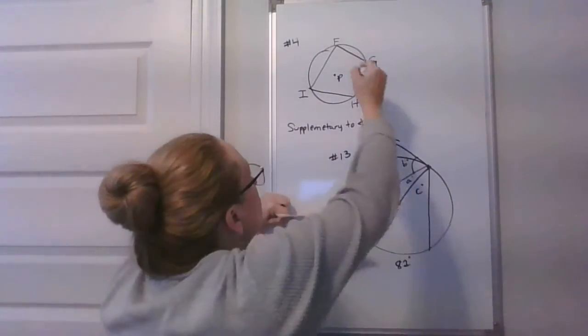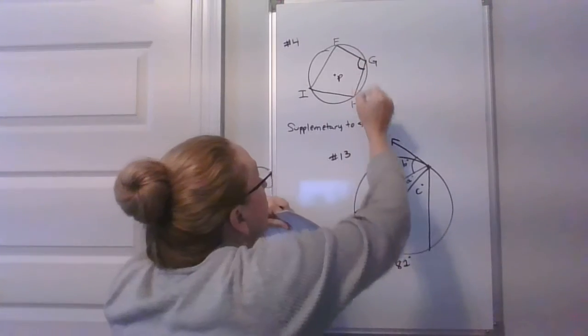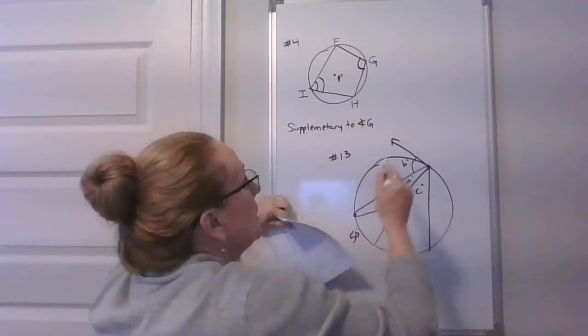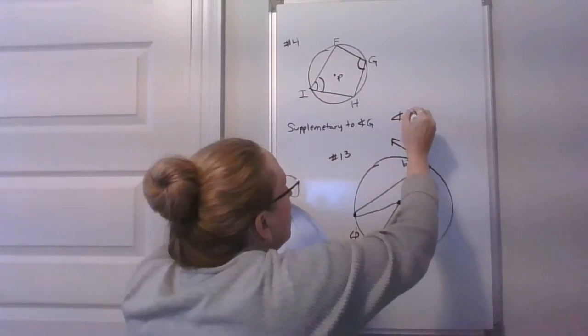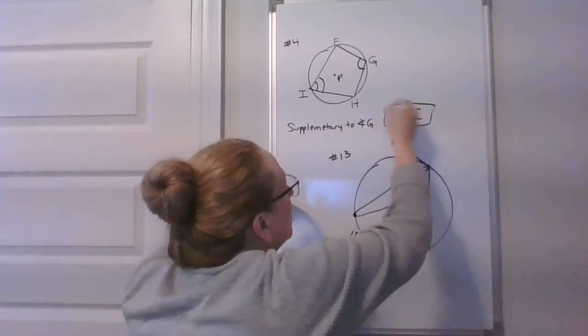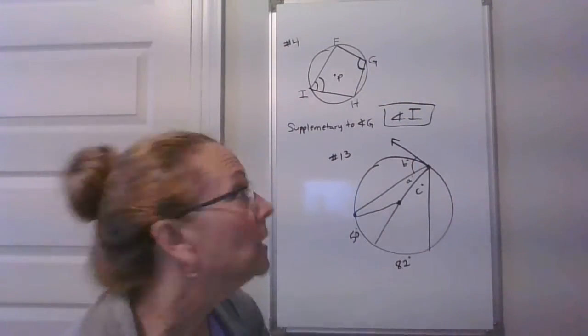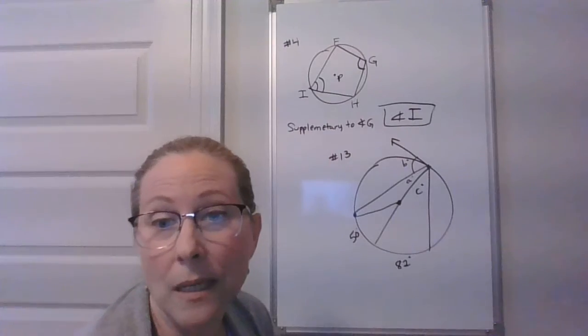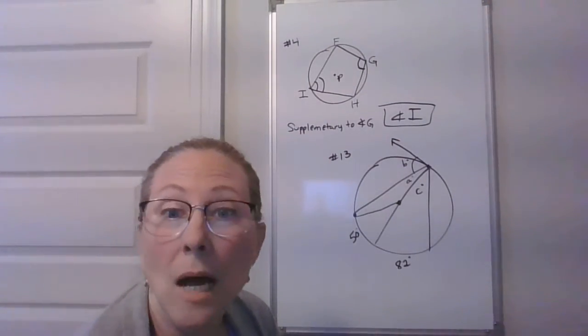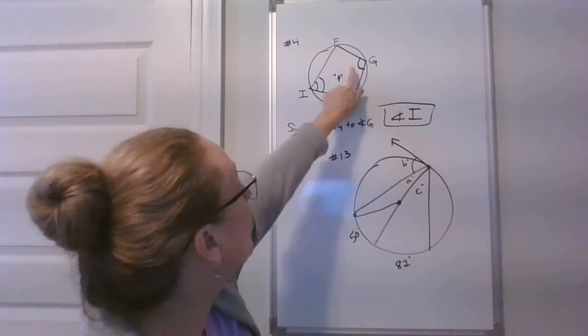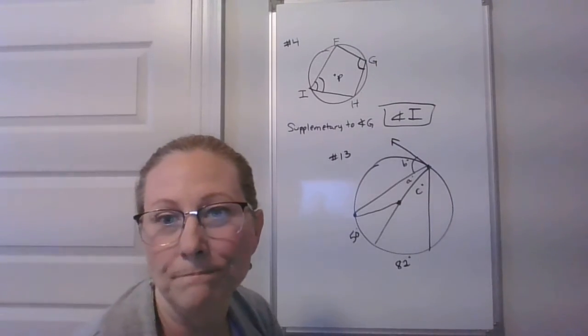So if G is our target angle here, then I would be its supplement. So the answer would be I. If G happened to be, let's say, 100 degrees here, then I would be 80.